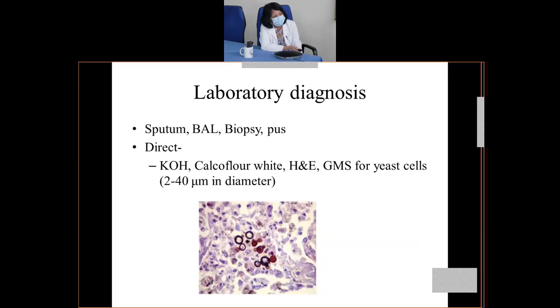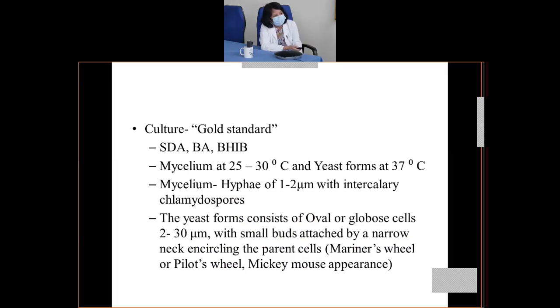So the culture is a gold standard. Again, similar types of culture media. It can grow on SDA, blood agar, and BHIB, that is brain heart infusion broth. So it can grow as mycelium or as hyphae at 25 to 30 degrees centigrade, and yeast forms at 37 degrees centigrade.